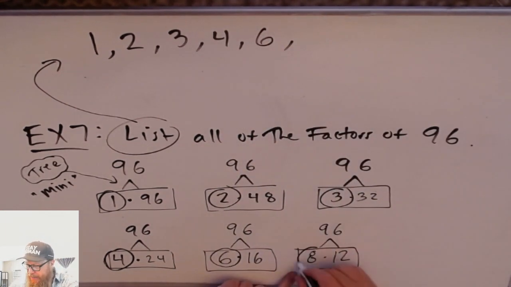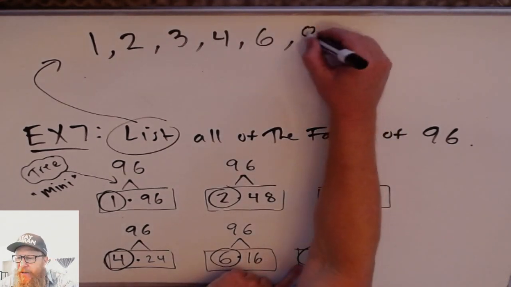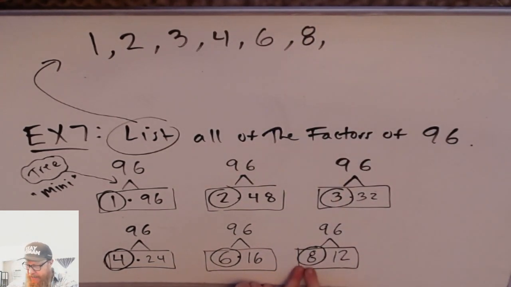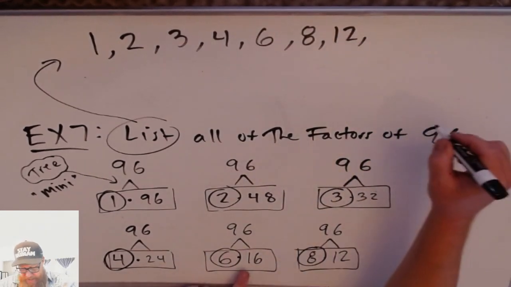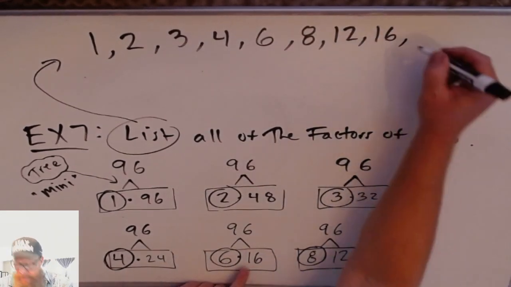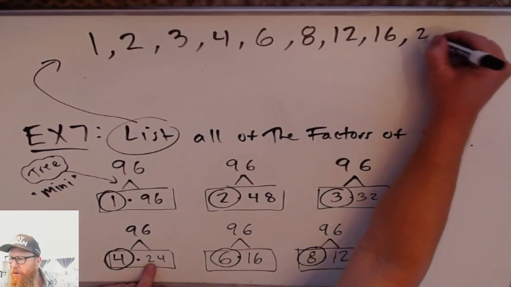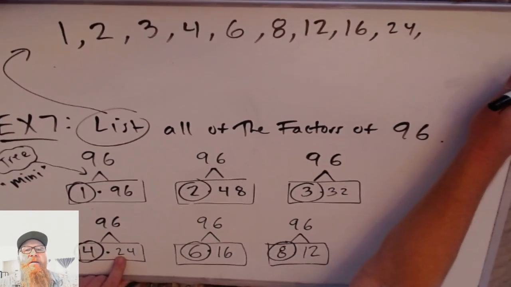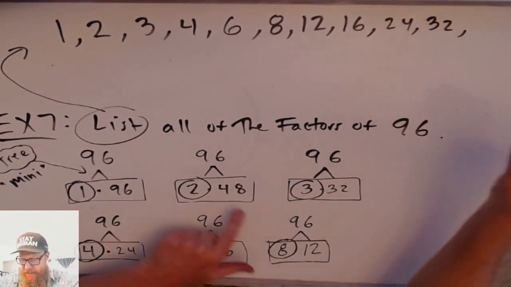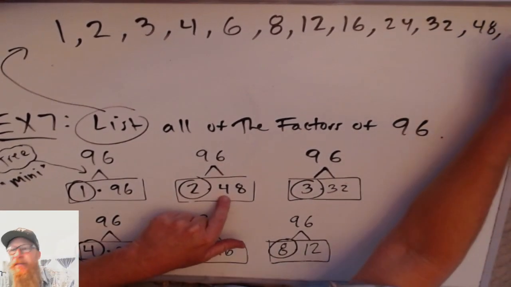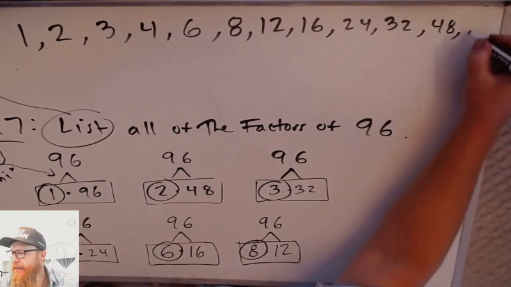I'll show you something neat about this when I'm done if you like neat patterns. So 8, then 12, then 16, then 24, then 32, then 48, and finally 96.